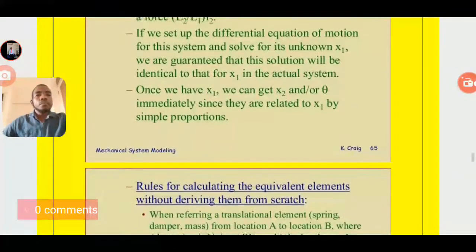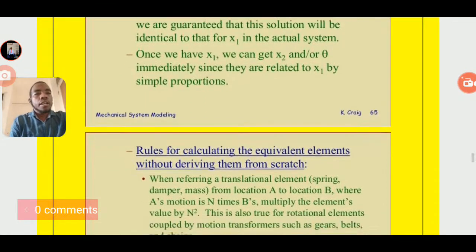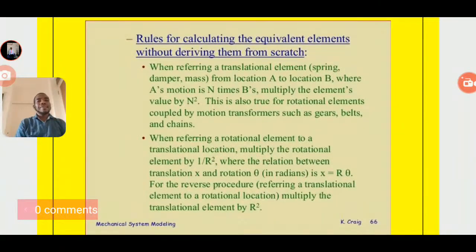If we set up the differential equation of motion for this system and solve for the unknown x1, we are guaranteed that this solution will be identical to that for x1 in the actual system. And once we have x1, we can get x2 and theta immediately, since they are related to x1 by simple proportions. So the other is the rules for calculating the equivalent element without deriving them from scratch.